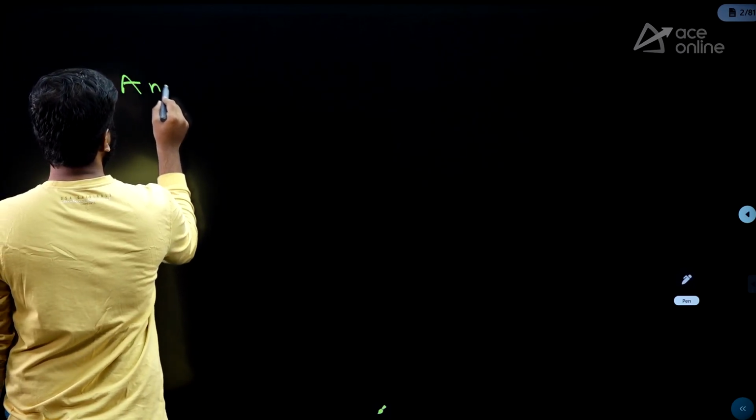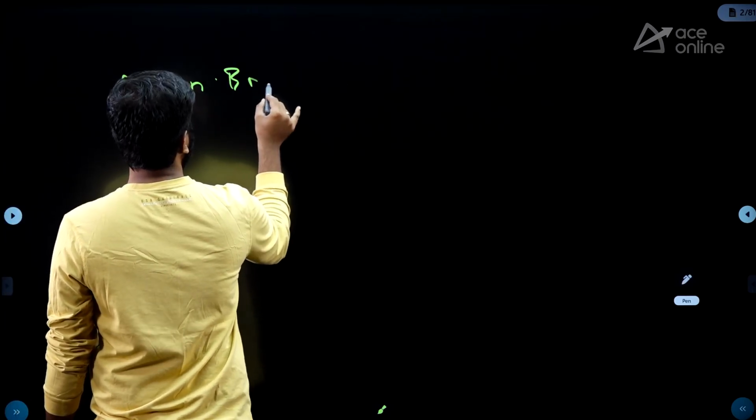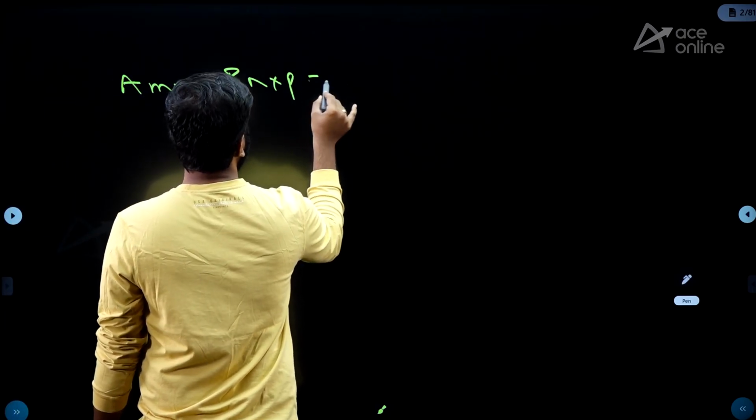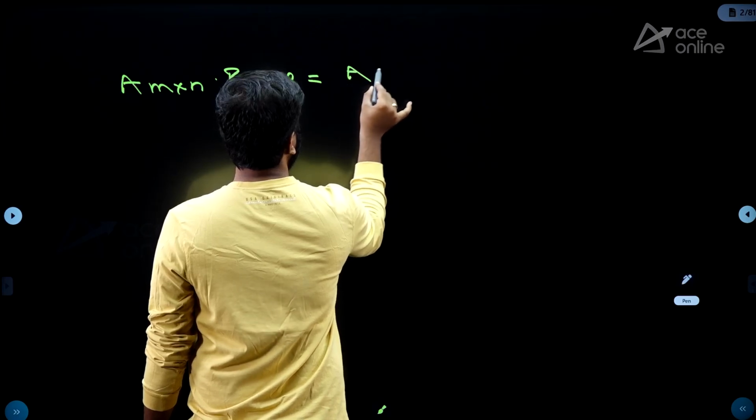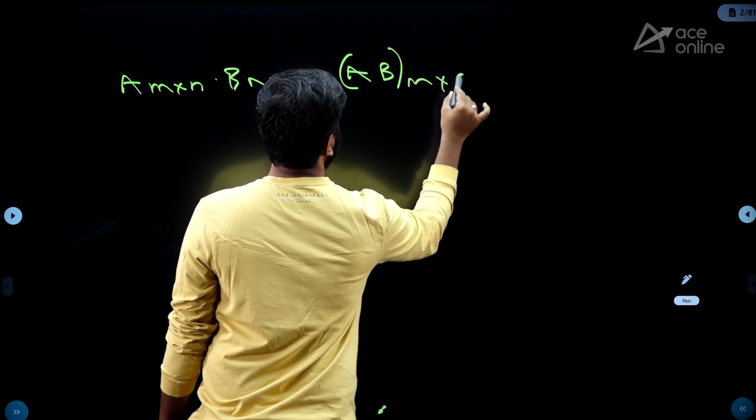If A is an m cross n matrix and B is an n cross p matrix, if you multiply, you get a new matrix, AB, which is m cross p.